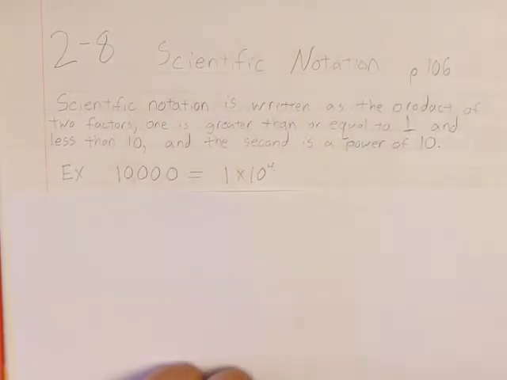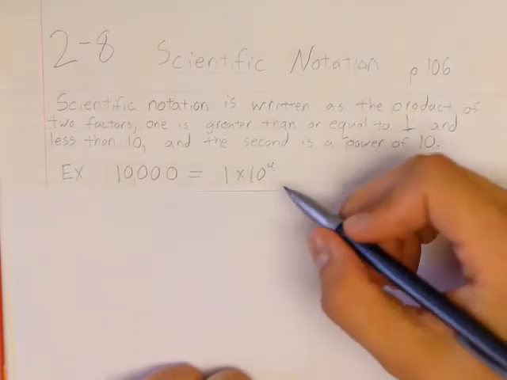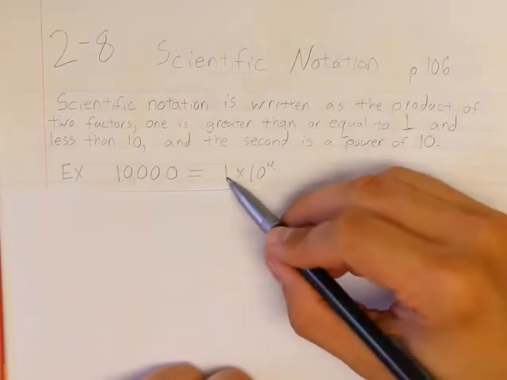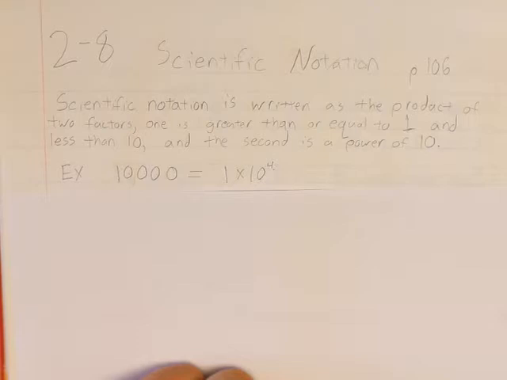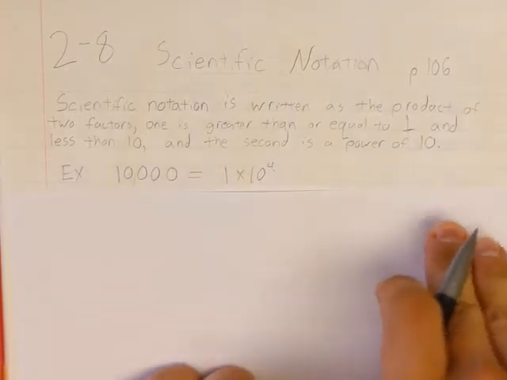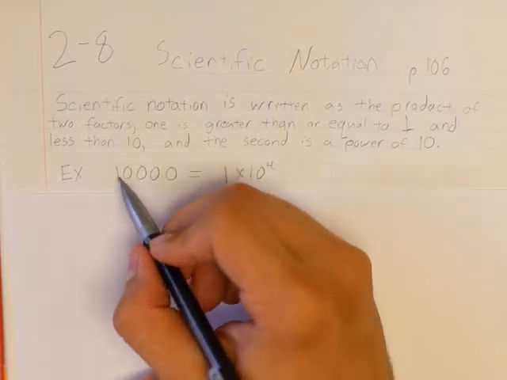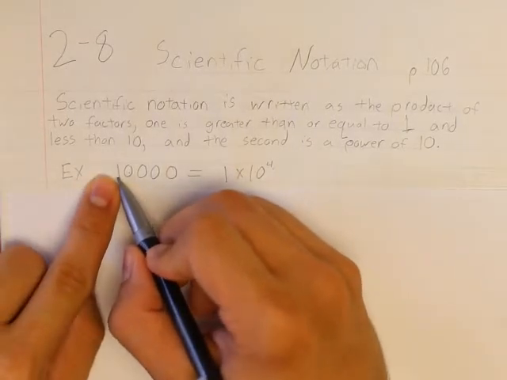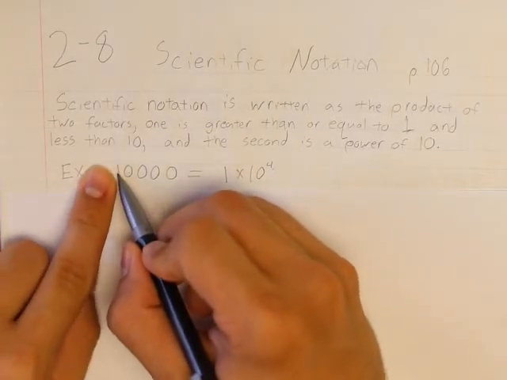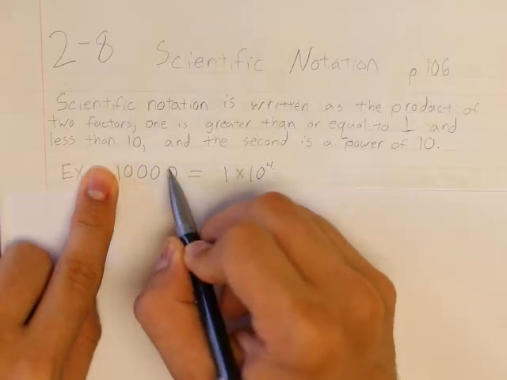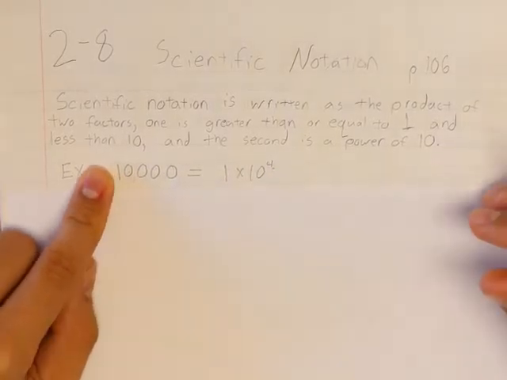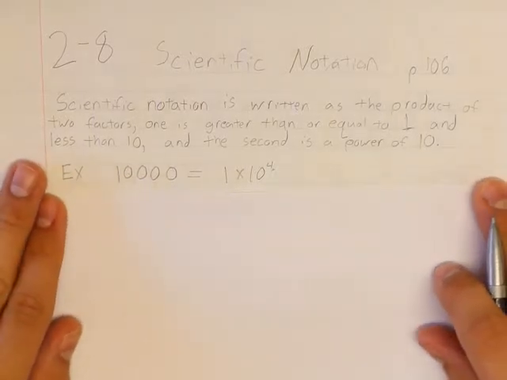Scientific notation is written with times 10. The power will change. The number up here will change. This times 10 will never change. Write that to the side if you need to, okay? Okay, and so what you do is you count all the numbers past your first number. We have 1, 2, 3, 4, and that's how you put your number right there, okay?